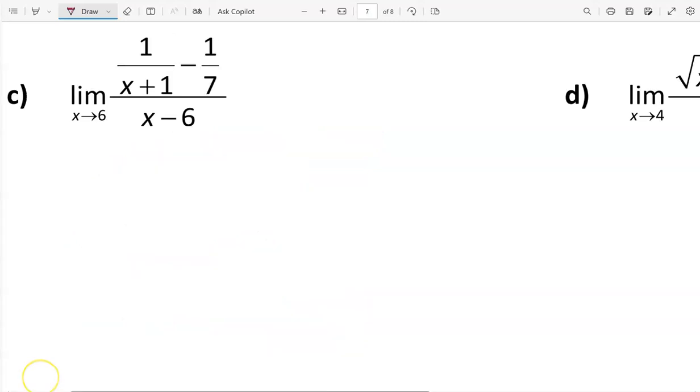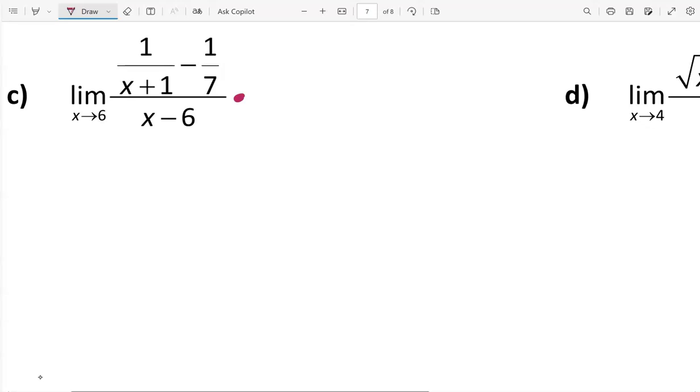In C, we have a function that has a discontinuity at x equals 6, which is the value that the limit is approaching. And so I'm going to try to eliminate that discontinuity by writing an equivalent function everywhere except for x equals 6.